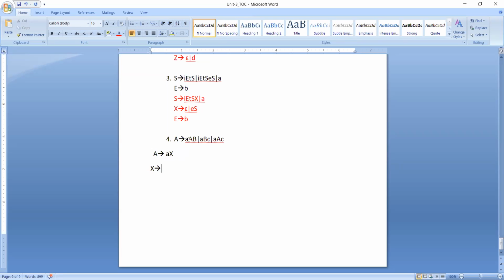Capital X will be, from this production if you take out the small a, we get capital A B, or if you take out small a from this, we will remain with capital B small c, or from this, if you remove small a, then we will get capital A small c. Now from this, I hope we can apply the left factoring. We have capital A and capital A, both are common. Now you can take this production like this: capital A Y or B C.